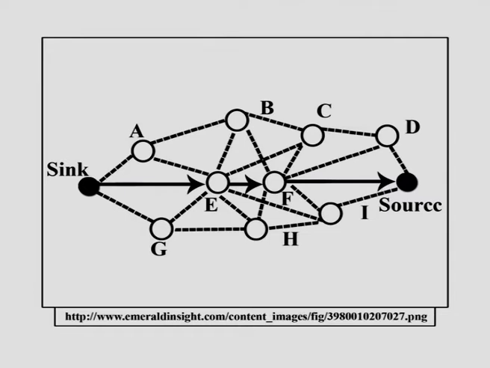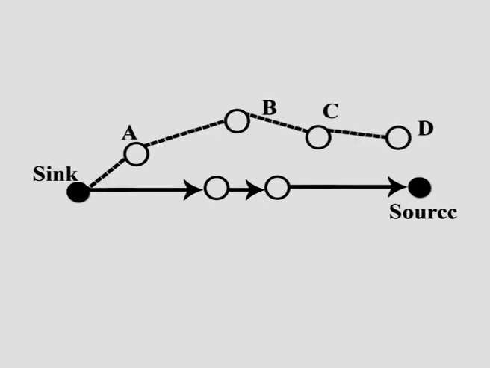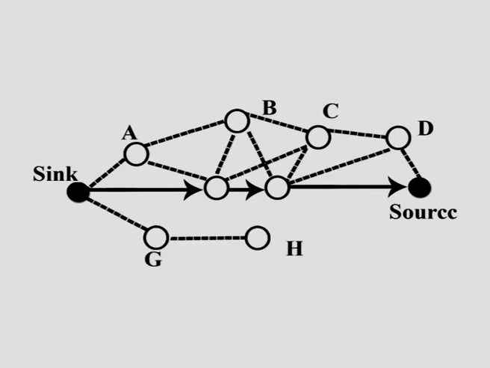In this figure, there are many paths available between the node marked sink and the node marked source. These are sink, A, B, C, D and source. Another path can be sink, G, H, I, source. Another path can be sink, G, E, H, I, source and so on.